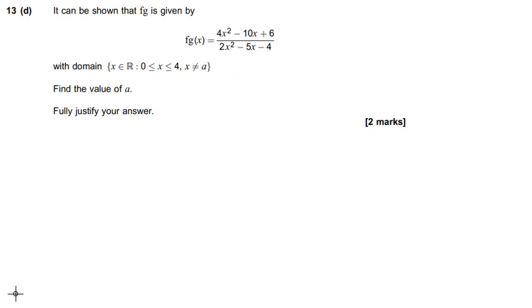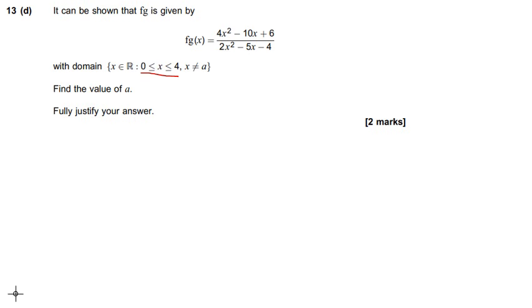And then the last bit here is that if we've got f of g of x, so the other way of composing those functions, we're told that the domain is x between 0 and 4, but not equal to a.